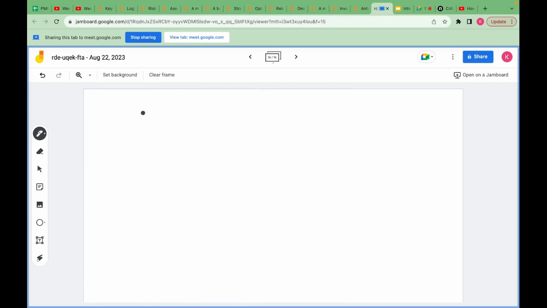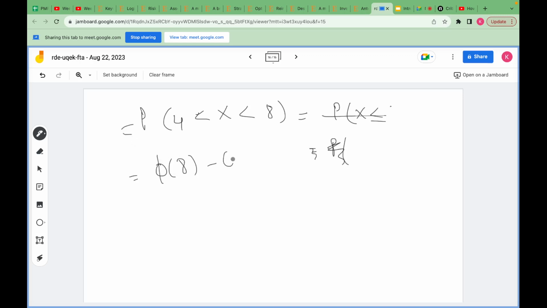And the next question asks that the weight is between 4 pounds and 8 pounds. So this will be the probability that x ranges from 4 to 8. In class it was taught that this can be written as psi 8 minus psi 4.